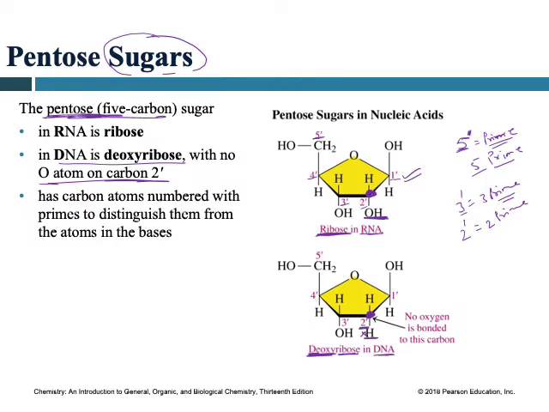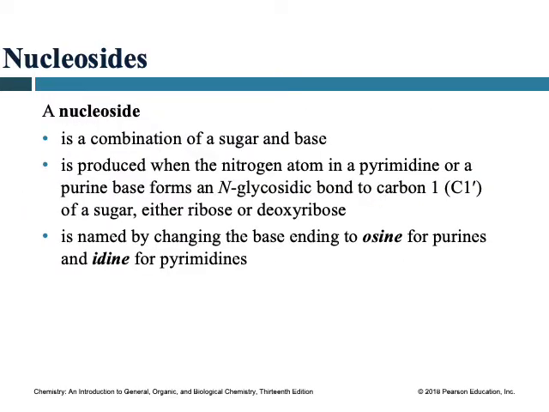So we already talked about nucleotide. Now we're going to talk about nucleoside. Right, so there's a difference between nucleotide and nucleoside. So what's the difference? In nucleotide you have three components. You have base, you have sugar, you have phosphate, right?